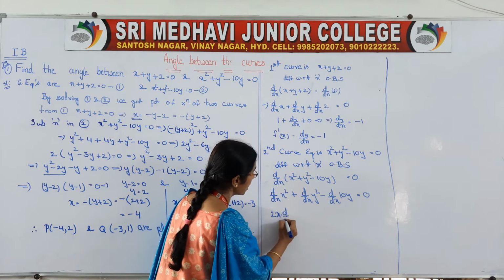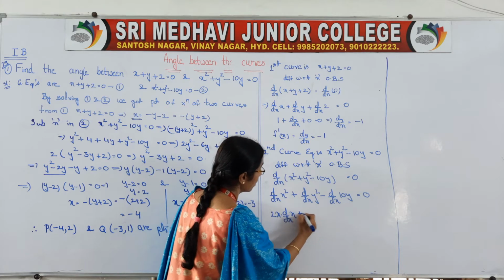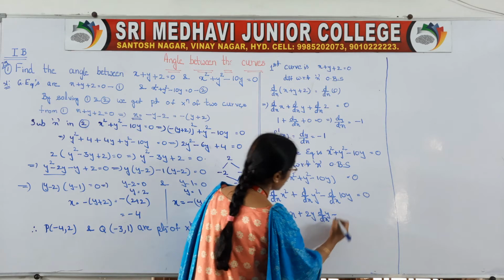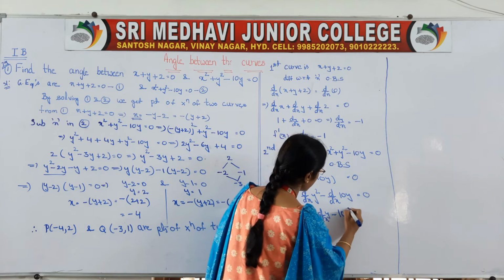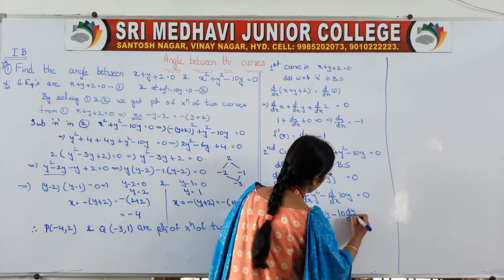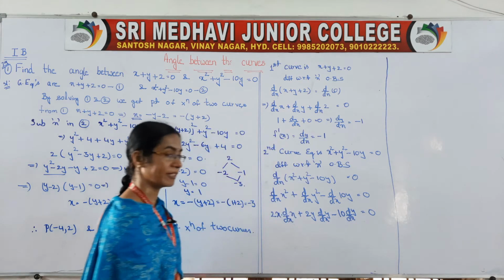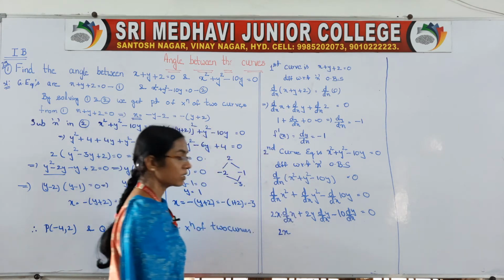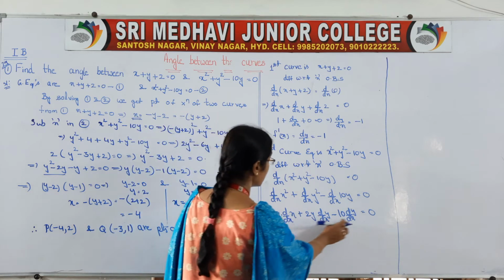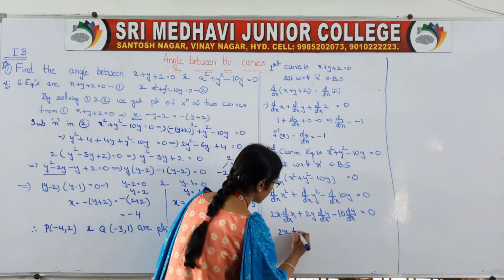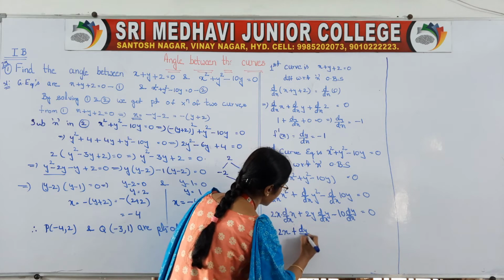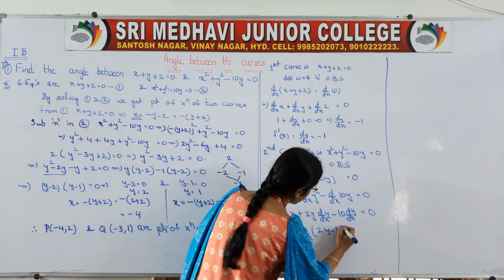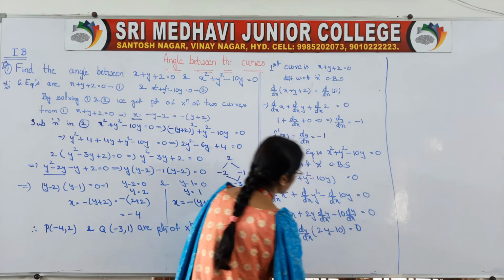So how can we take this? 2x into d by dx of x plus 2y into d by dx of y minus 10 into d by dx of y is equal to 0. So it is 2x, d by dx of x is 1, and from these two you can take dy by dx common, then it will be 2y minus 10 is equal to 0.